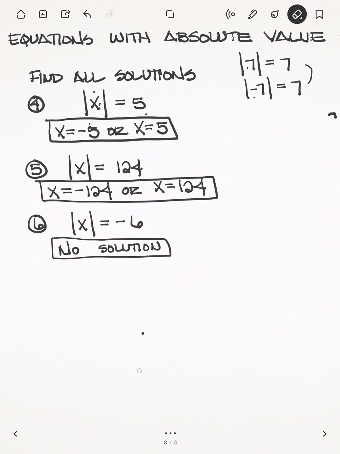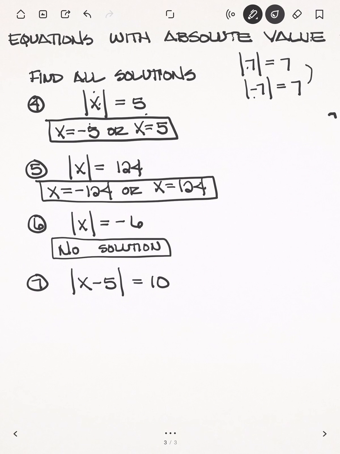There is no number that I could put in for x and get a negative 6. So let me show you this next problem here. Number 7. If I have the problem, the absolute value of x minus 5 is equal to positive 10.